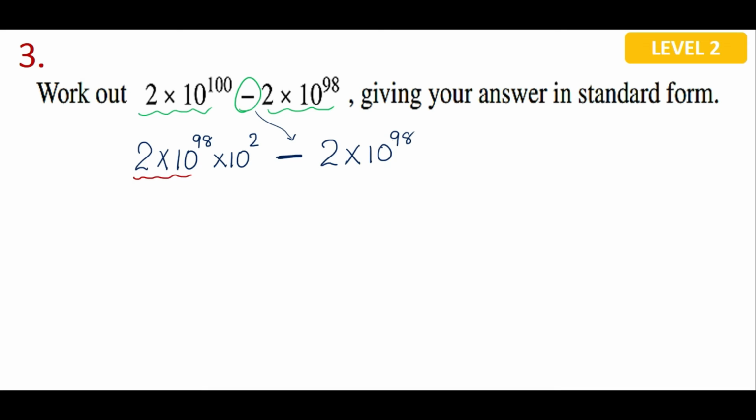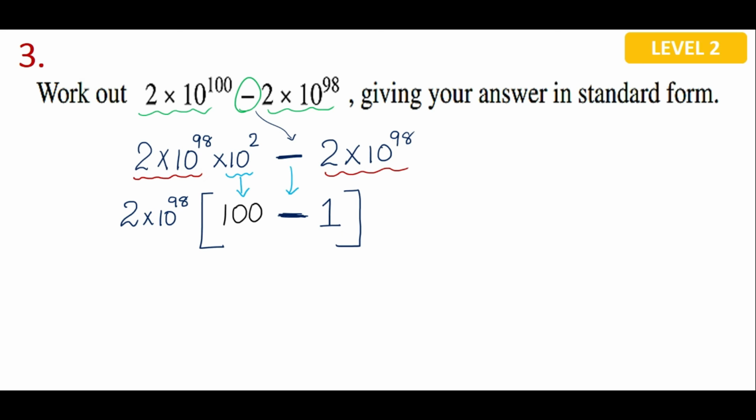Now you can see these are common. So I'll have 2 times 10 to the power of 98 outside the bracket, and inside I will have 10 squared, which is 100, minus, here 2 times 10 to the power 98 is already factored out, so you just have 1. At any point if you feel confused, try to expand the brackets and see if you're getting the same answer as the previous step.